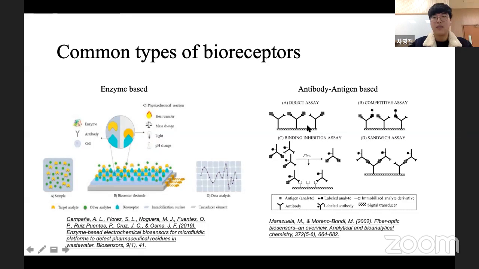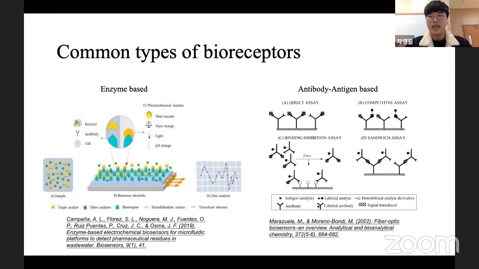And second is the antibody-antigen-based bioreceptor. The unique capacity of antibodies to bind specifically to the analytes of interest is the key factor in their usefulness in immunosensor design. As shown in the figure, there are four types of conventional antibody-based methods.